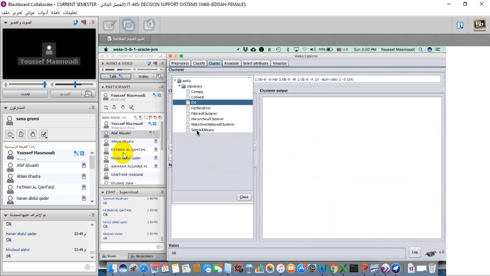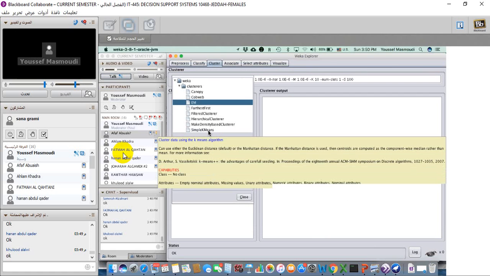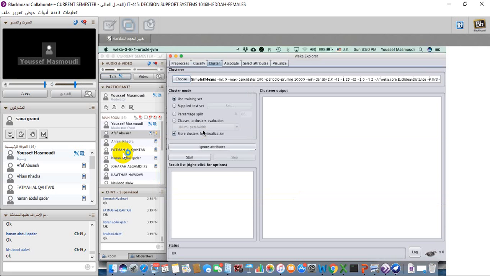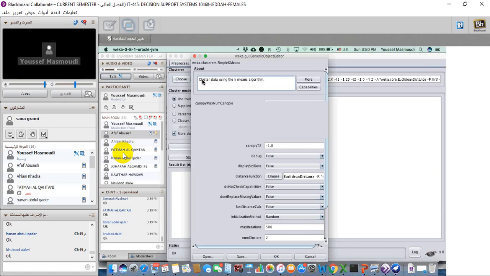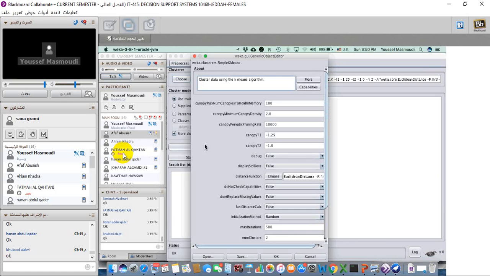There is the very well-known algorithm, simple k-means. We saw it last week, the k-means algorithm. If you put the mouse over it, you will have details about this algorithm. Okay, I will click on k-means. If I click on the name of the algorithm, I will have several options, like, for example, the number of clusters.